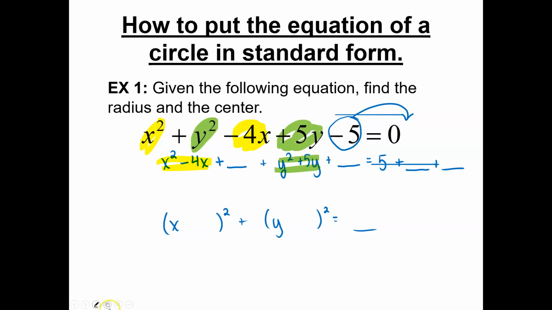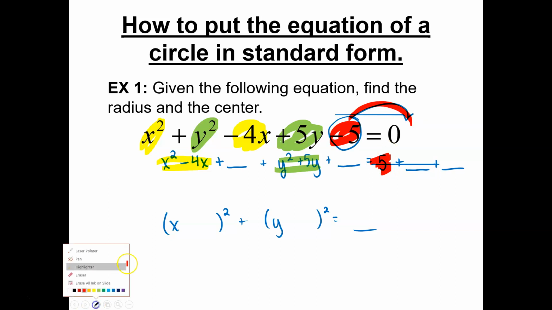And then I moved this -5, I moved it over here to this side. So that's where everything comes from. So for these, we'll group our x's, group our y's, move any coefficients or any constant terms over to the other side. So I need to complete the square here.